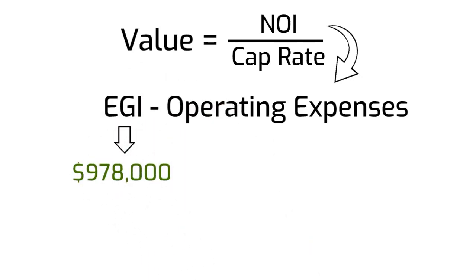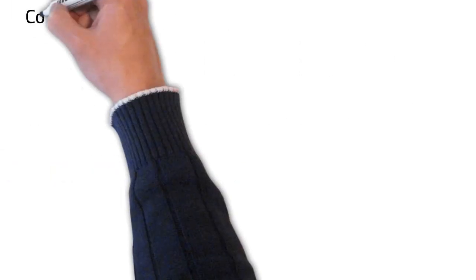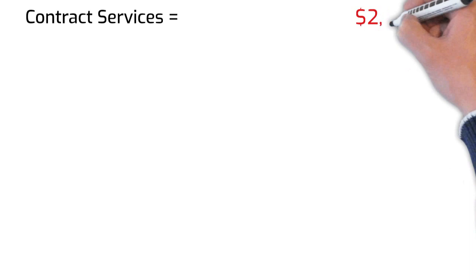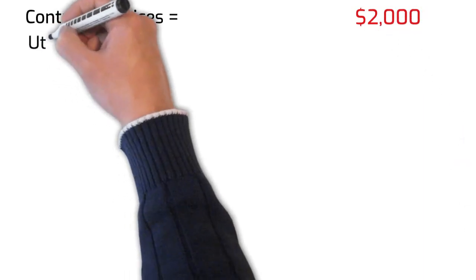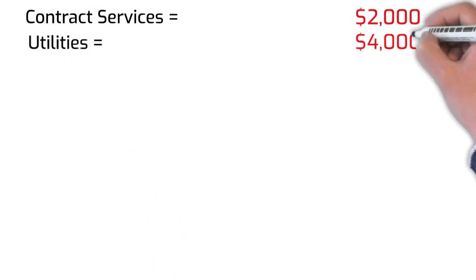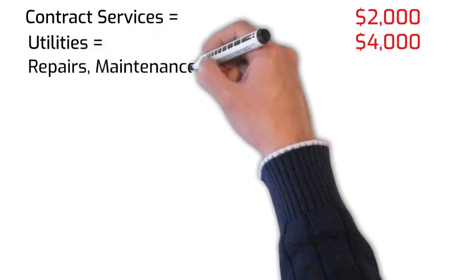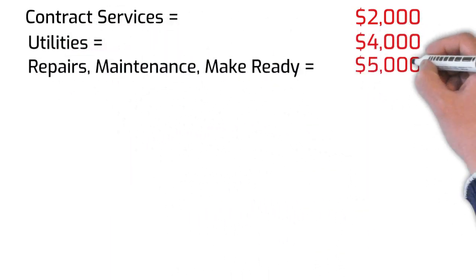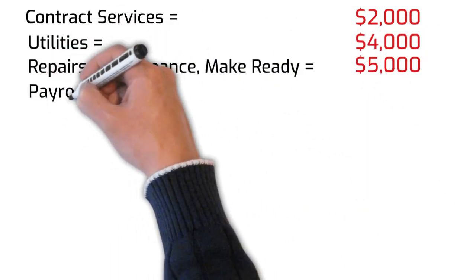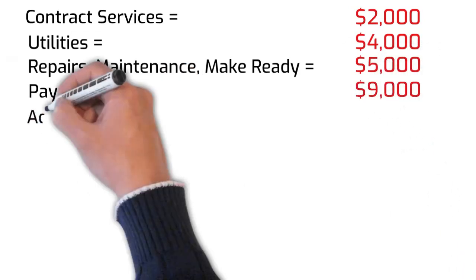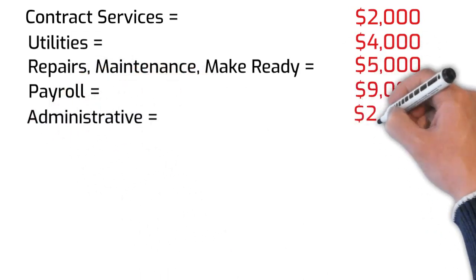Now that we know our EGI, we just need to subtract the operating expenses. Let's go through them. Contract services for the month cost $2,000. Utilities were $4,000. Repairs, maintenance, and make-ready totaled $5,000. Payroll was $9,000. Administrative costs were $2,500.